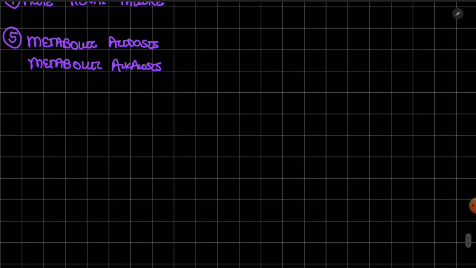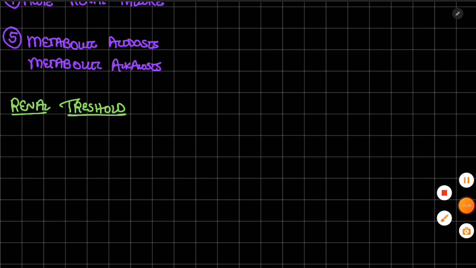One topic was left, the renal threshold. This is the last topic. Now what is renal threshold? The kidney or the tubular system, every substance has some values, like for glucose.